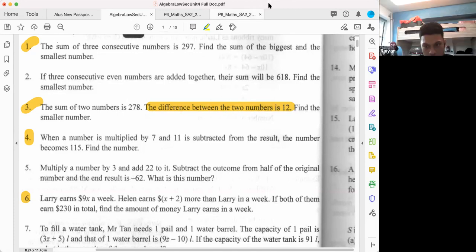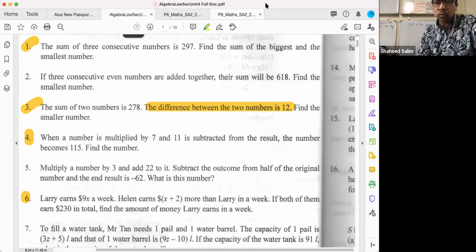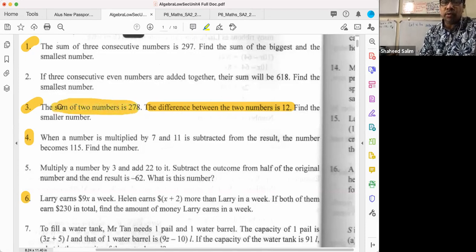So, I mean, sorry? 290. 290, okay. But this is the sum of the 2 numbers, you know. This is not the smaller number. If they say smaller, we do not know the number. We use x. x is a smaller number.